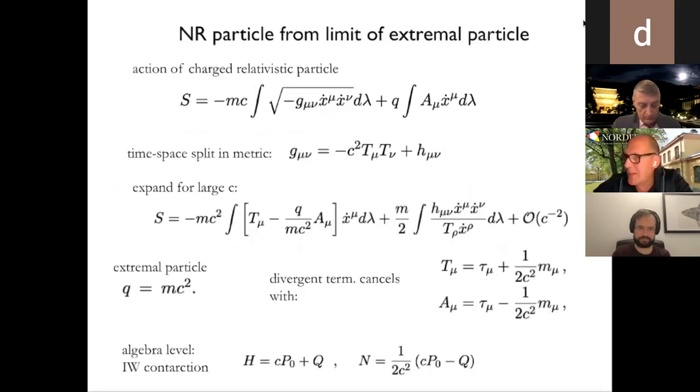Now you can also get this action by not null reducing, but by staying in the same dimension and doing a limit. What's very crucial is that you should now take a limit of an extremal relativistic particle, extremely charged. So the way that works is like this.